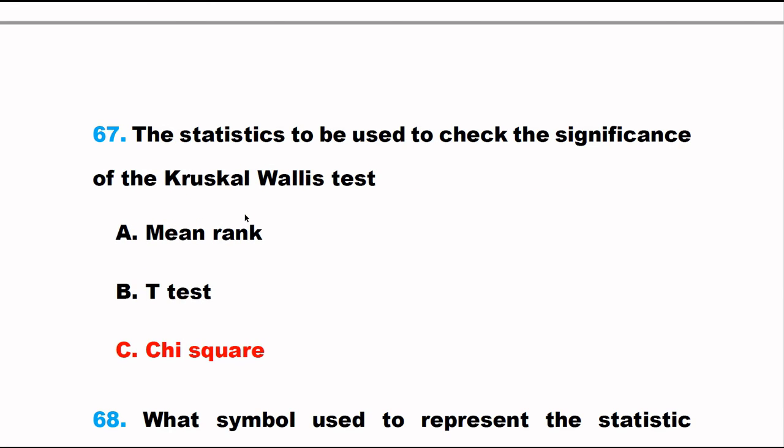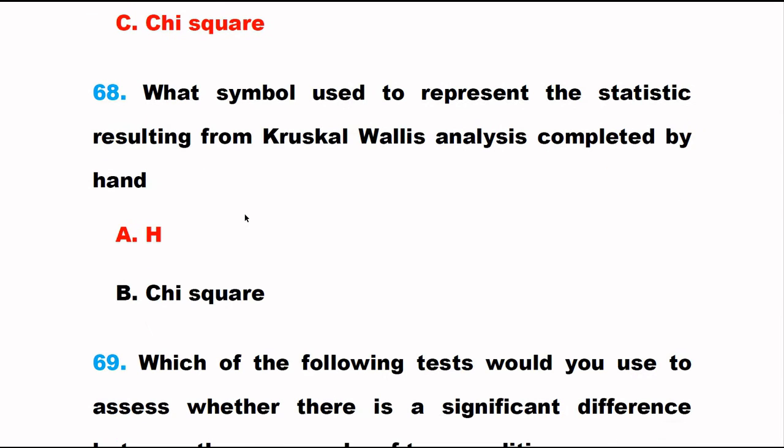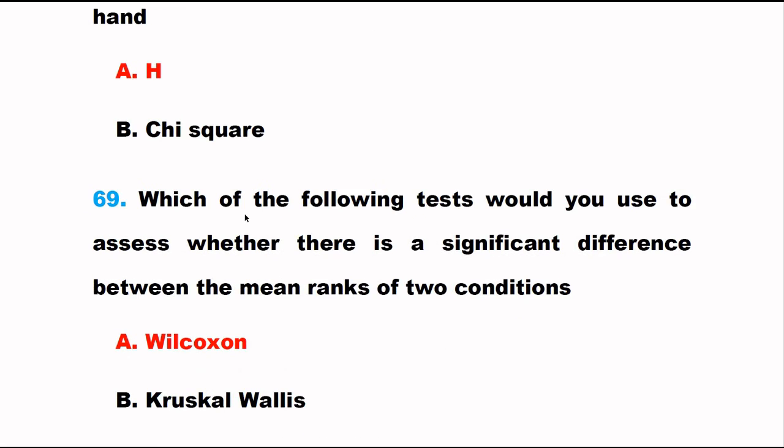The statistic used to check significance of the Kruskal-Wallis test is chi-square.